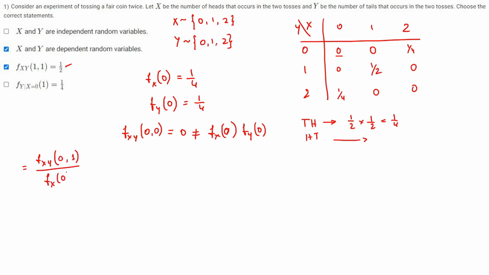Fx of 0, right? What is this value? That is x is 0 and y is 1, that is 0 again. And what about the denominator? Fx of 0. Fx of 0 is 1 by 4. Zero divided by anything is again 0. Now they have given that as 1 by 4, which is wrong.